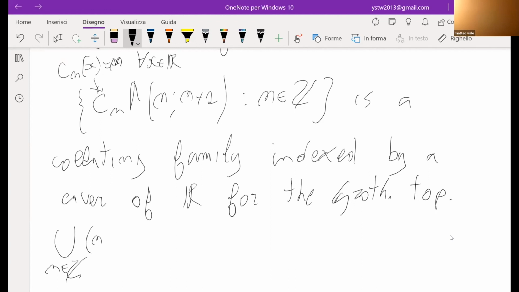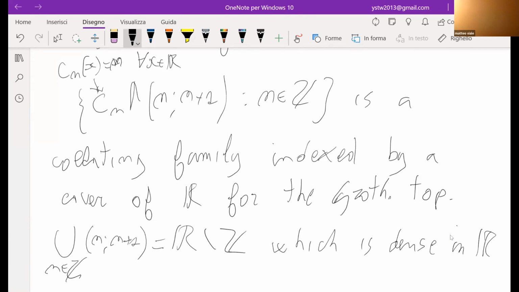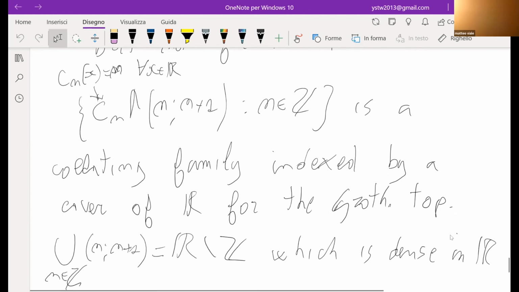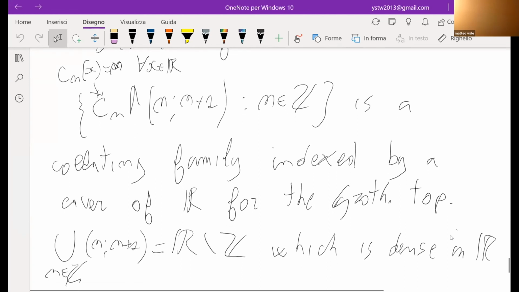Because if we union up these open sets, we get R minus Z, which is dense in R. But this family is not a cover of R for the subtopology; it's a cover of R minus Z. So for the subtopology, there is no global section collating this family.